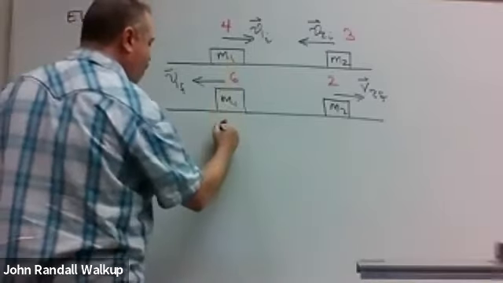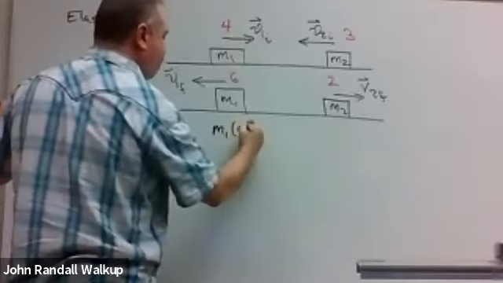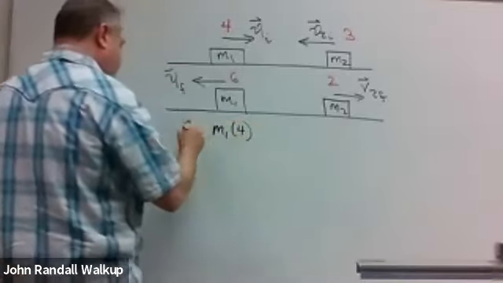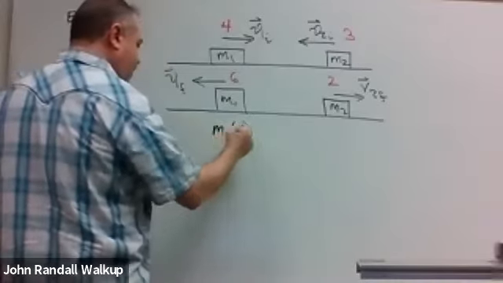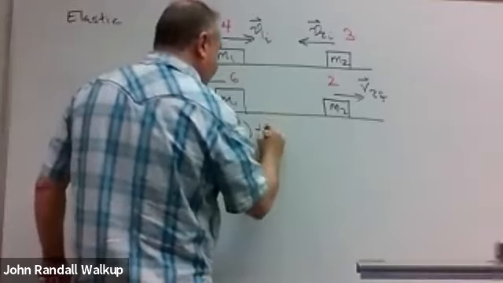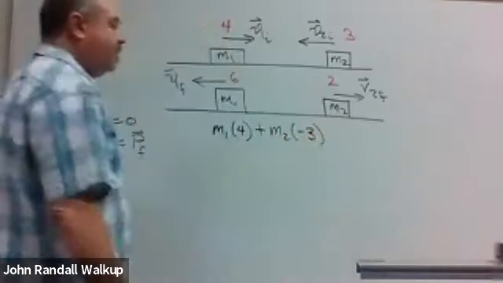M1 times 4, this is P1 initial, plus M2 times -3.